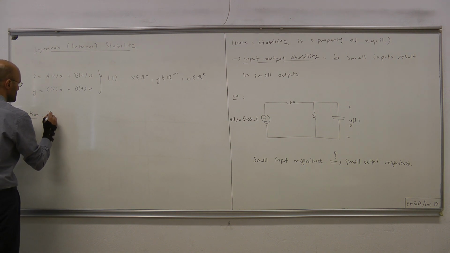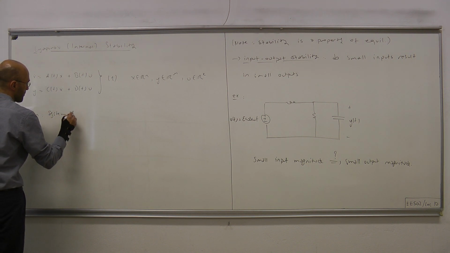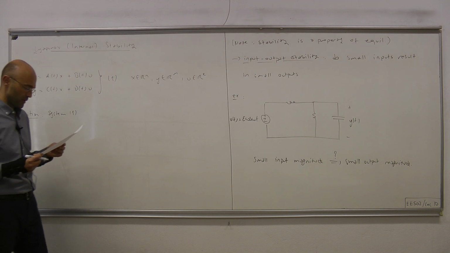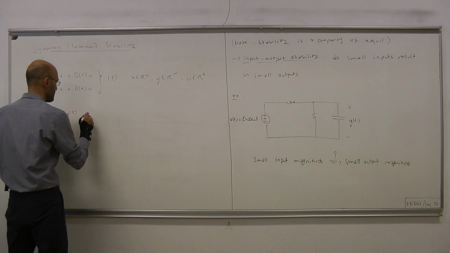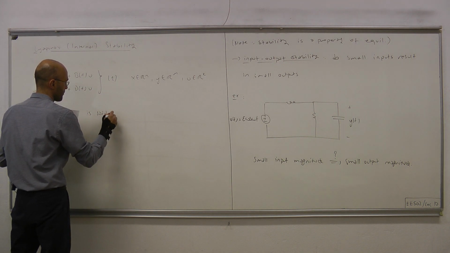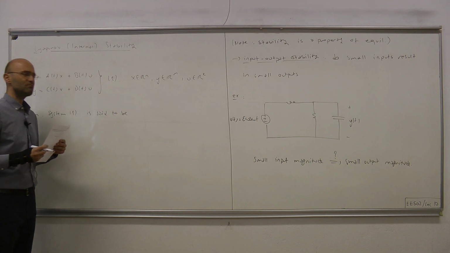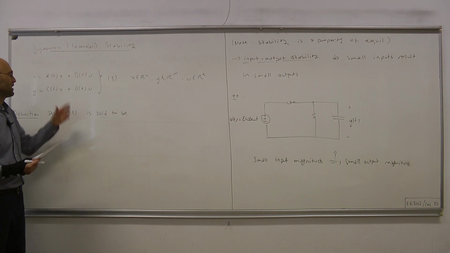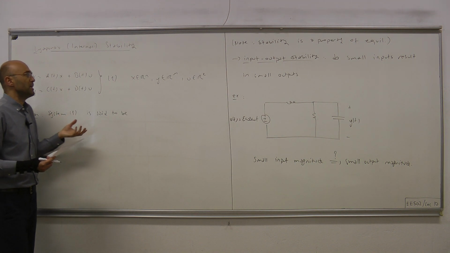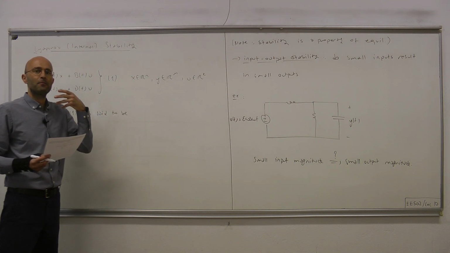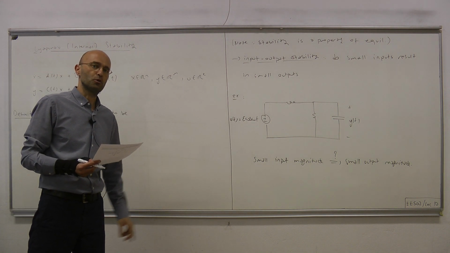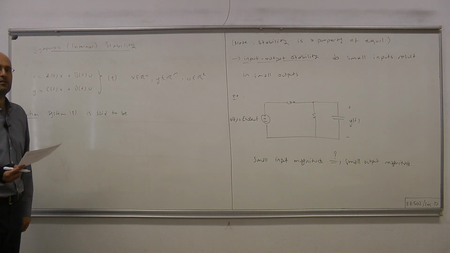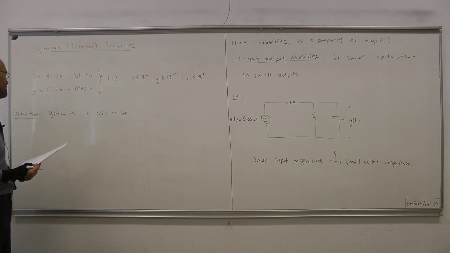Okay, so system 1, our linear system, is said to be, okay, now in this definition we treat stability as if it's a property of the system. So what we really mean is that we're talking about the behavior of the solutions around the equilibrium point. That's the origin for our linear system.